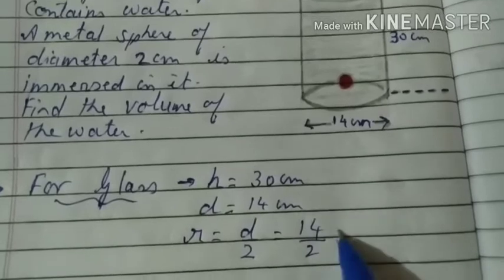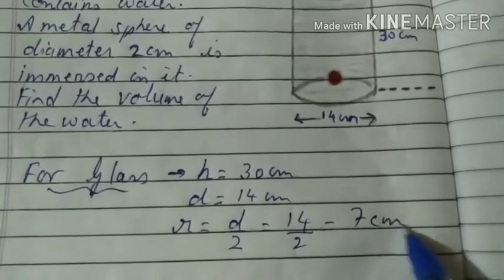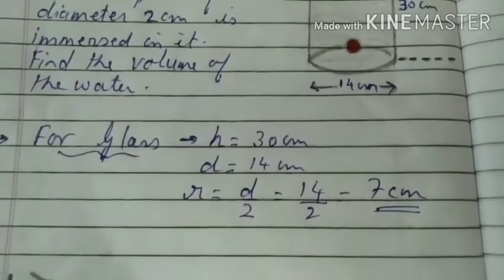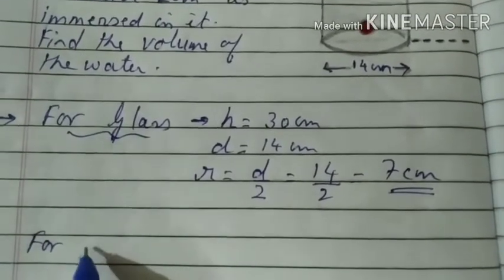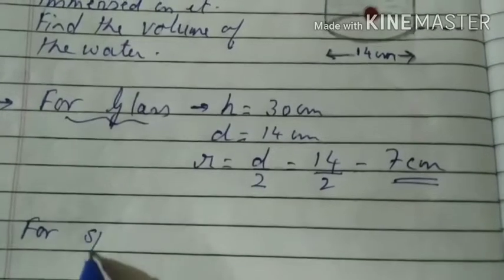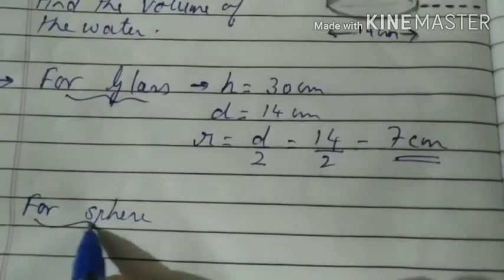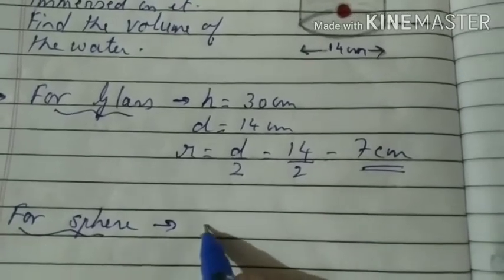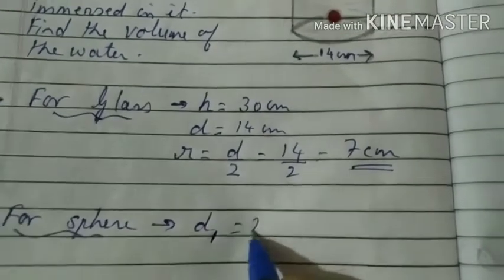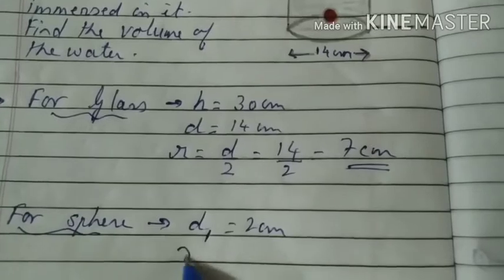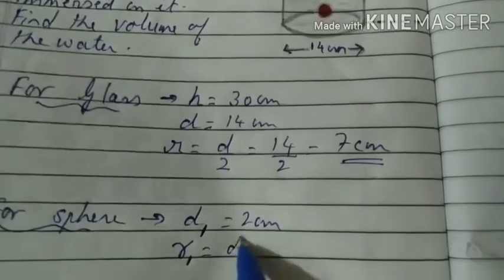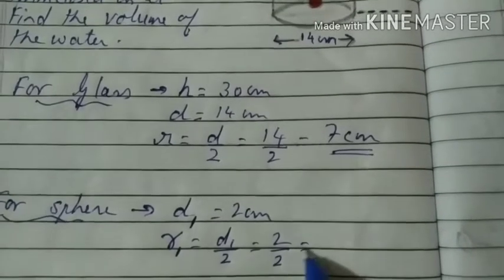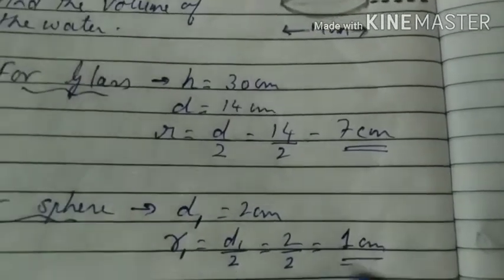Half of 14 will be 7 centimeter. Now glass is done. Now I will go for the ball, that is for sphere. Here diameter is given, so we will denote it as d1, that is given 2 centimeter. So you know r1 will be d1 upon 2, that is 2 upon 2 will be 1 centimeter.